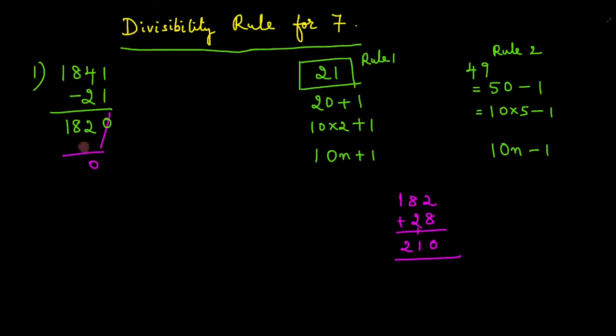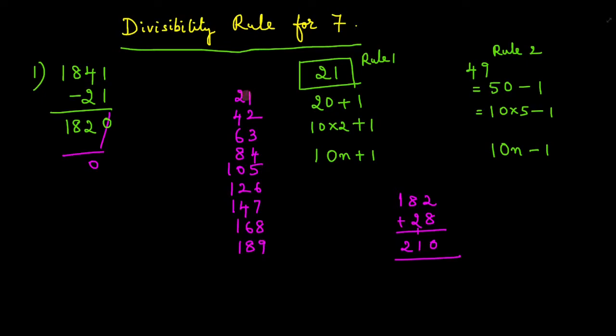But here we are restricting to multiples of 21. We have to take multiples of 21: 21, 42, 63, 84, 105, 126, 147, 168, 189.